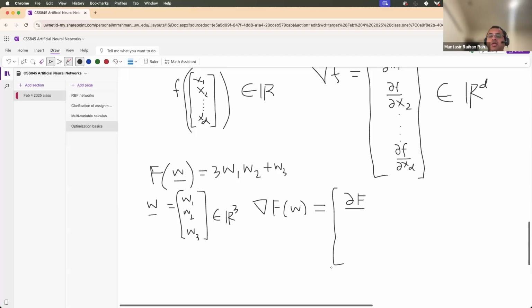So what will be the first entry? Anyone? Partial with respect to w1. Yes, it's going to be the derivative with respect to w1, and the second will be the derivative with respect to w2, and the third one will be the derivative with respect to w3.